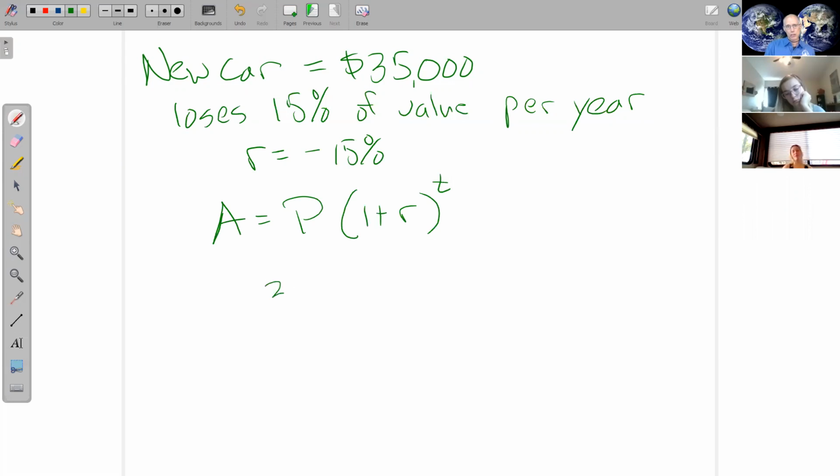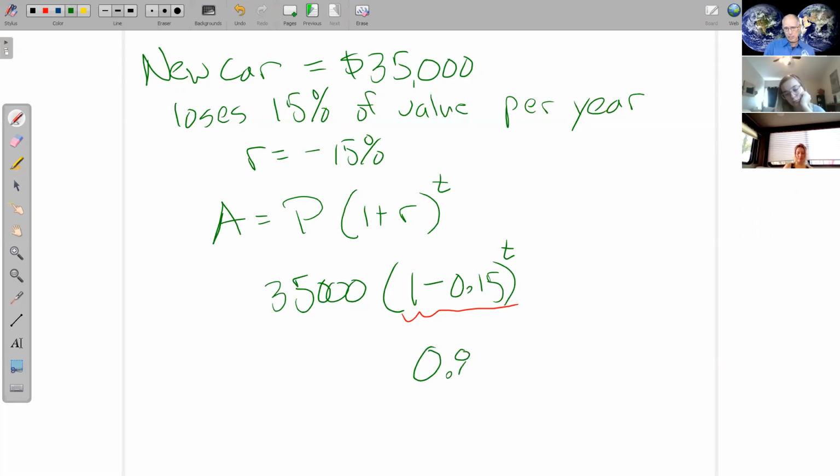So now I would get $35,000 times 1 minus 15% as a decimal to the power T. And we can clean up what's inside the parentheses. We can take 1 minus 0.15 and say that's really 85%. Since I did the calculation, I don't have to have the parentheses.